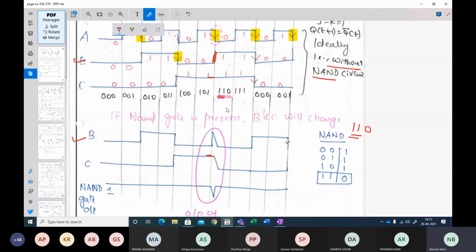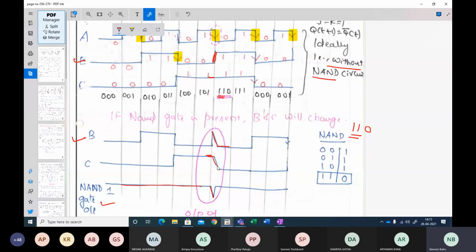Once your NAND detects this 1 and 1, it clears all the flip-flops here. This is your NAND gate output. Normally it is 0. Whenever it detects 1 and 1 here, it gives you a high here. When it gives you a high here, it clears all the flip-flops. So B, when it is high, gets cleared and comes back to 0.